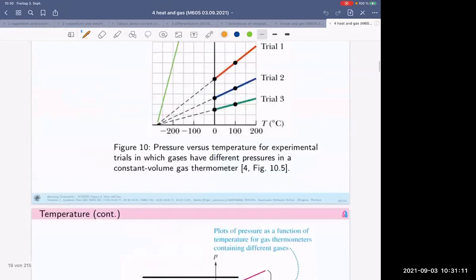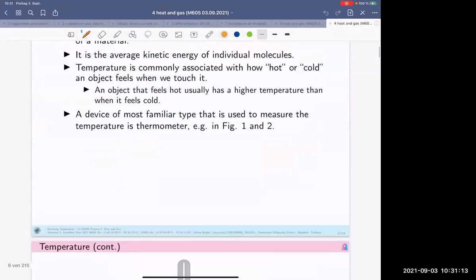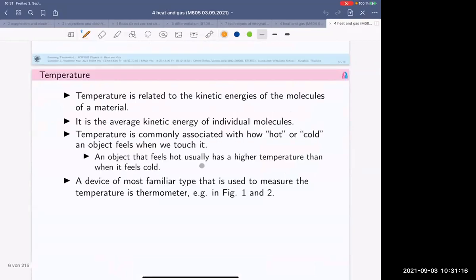We have stated already something about the temperature, right? As we know from yesterday, temperature is like the height of your body, and heat is like the mass of your body. We have discussed this yesterday.